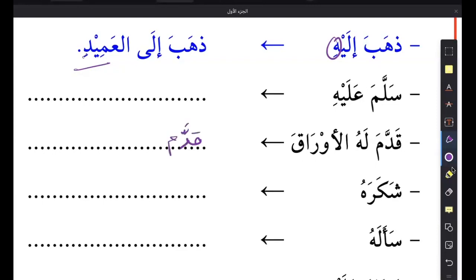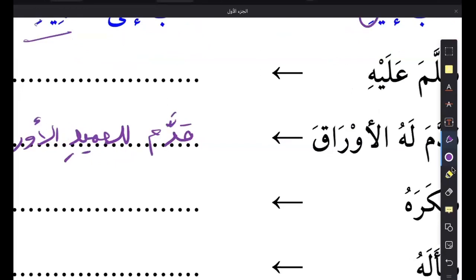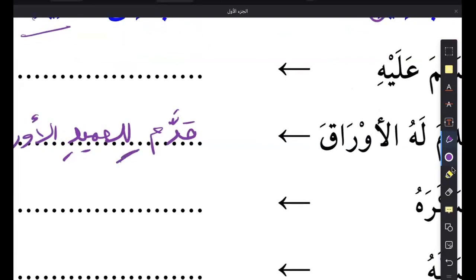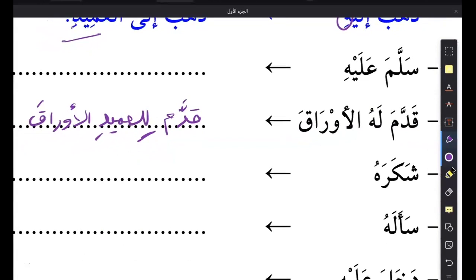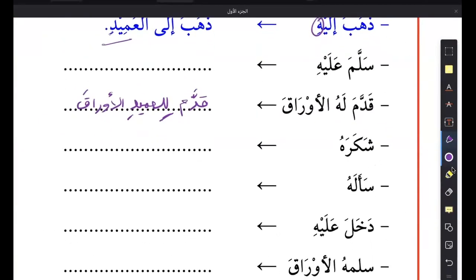Qaddama lil amidi al-what? Al-awraq. Remember we talked about how we connect harful jar li with alif lam. You simply drop the hamzatul wasl. So you say qaddama lil amidi al-awraq. It should be very simple.